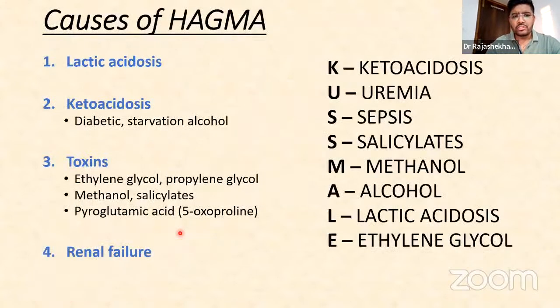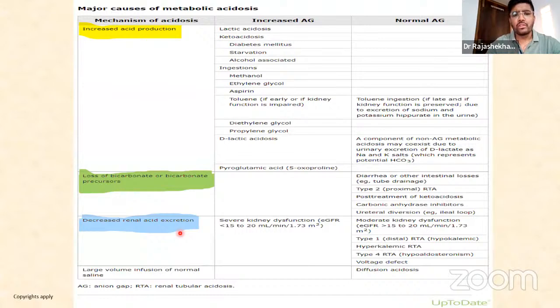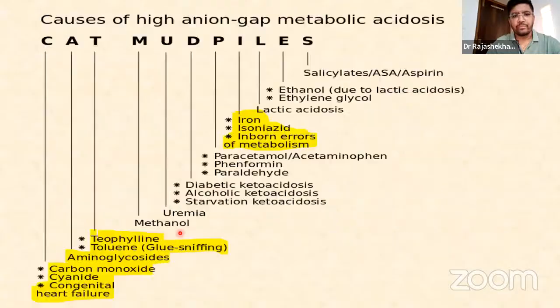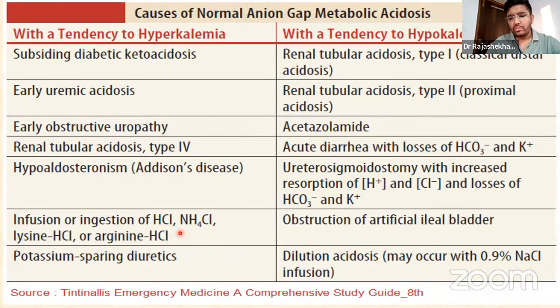The main chart is this one. If you can go ahead with this one, please remember this chart. So among the normal anion gap metabolic acidosis, to further narrow down the diagnosis, we can look at the potassium value. If there is a normal anion gap metabolic acidosis with hypokalemia, then the diagnosis narrows down.